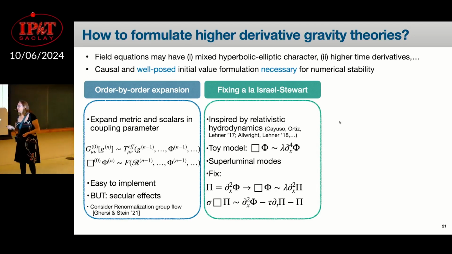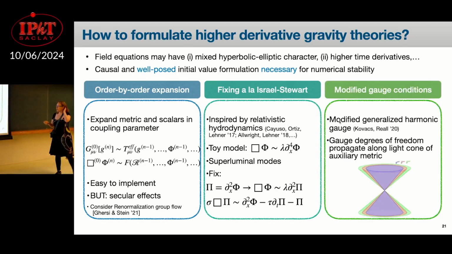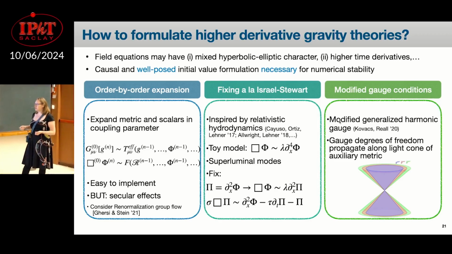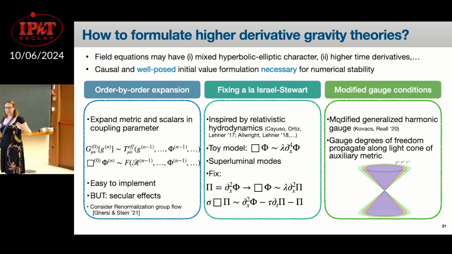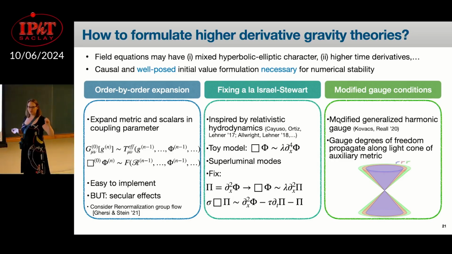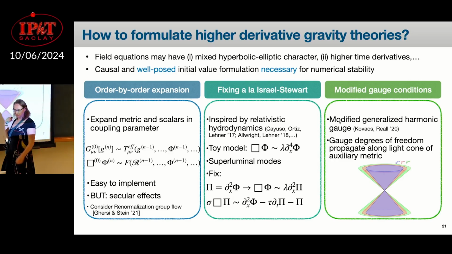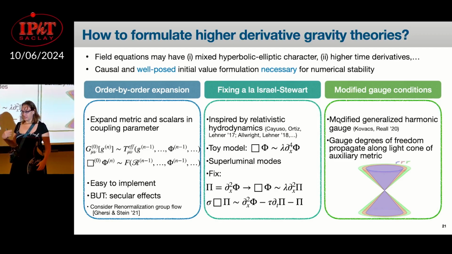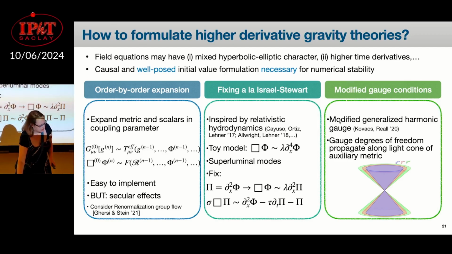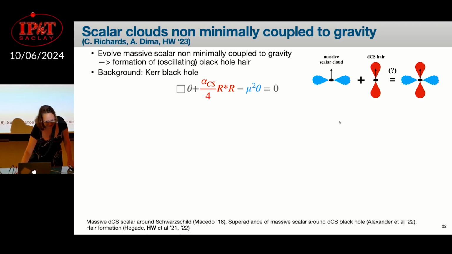And then there's very nice work by Aron Kovacs and Harvey Reall, where they introduced a modified gauge condition, and actually, at least for scalar Gauss-Bonnet gravity, for sufficiently small couplings, this gives stable evolutions, and people are now solving this in full. So this is something that we can use. Okay, so I think I will skip this.